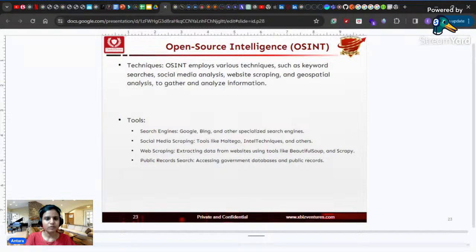The tools that we use in OSINT are search engines, which we have just seen. Google dorking methods are there, the Bing search engine, and other specialized engines like DuckDuckGo, which keep you off track of whatever results you are searching, so that one cannot trace you back on whatever you were crawling on one specific target. Then there is social media scraping. Then there is web scraping, to get the client side data of the web application.